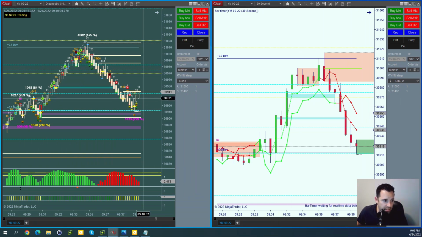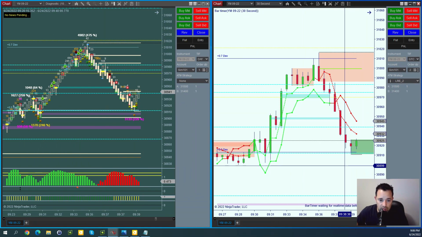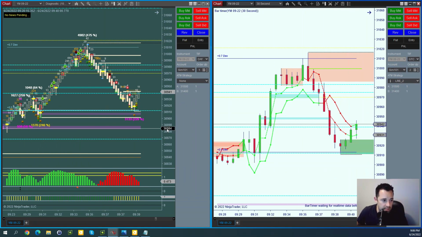But here it might be enough to get yourself a little scalp, but it depends because when it's live too, you can see the volume a lot better than when you're looking at the replay or chart review, because in this case, you don't know how strong these are running. It looks pretty strong here because you got some big bars going down, but let's see if this one would work.